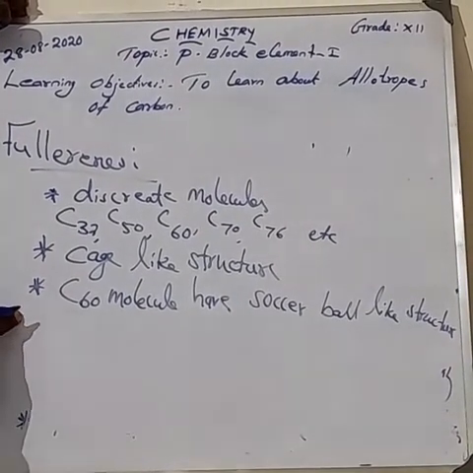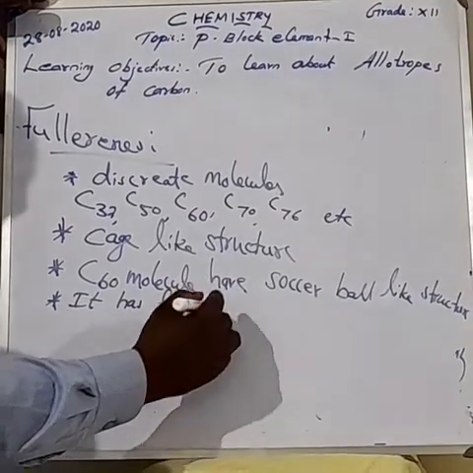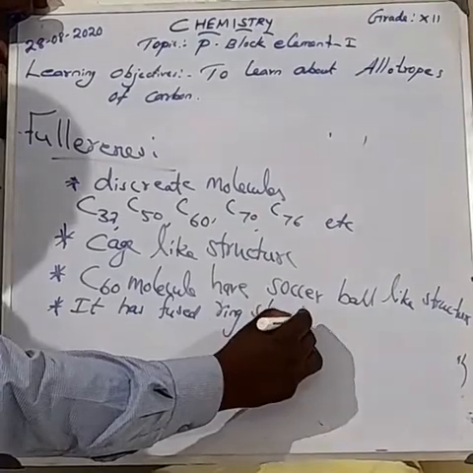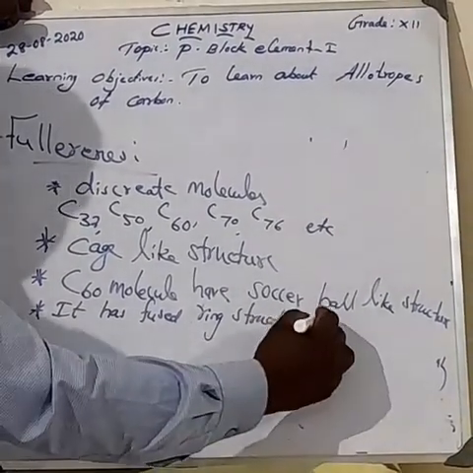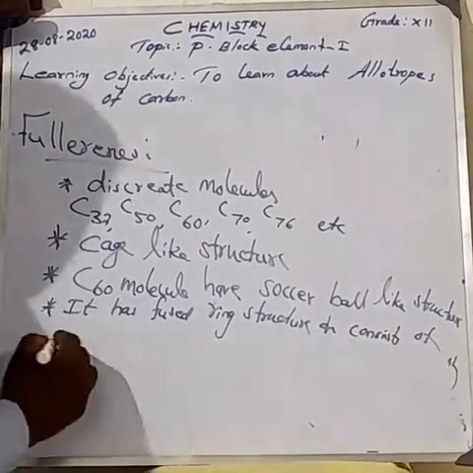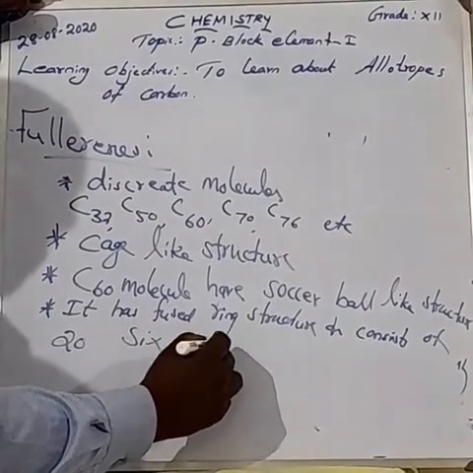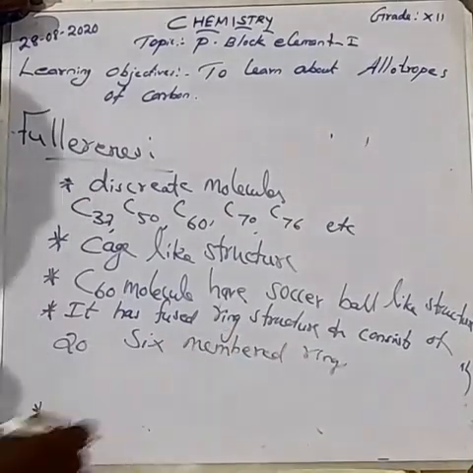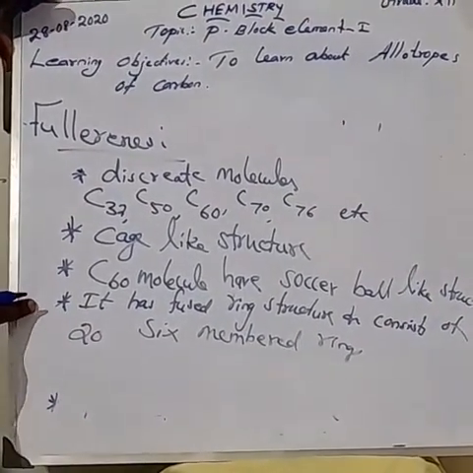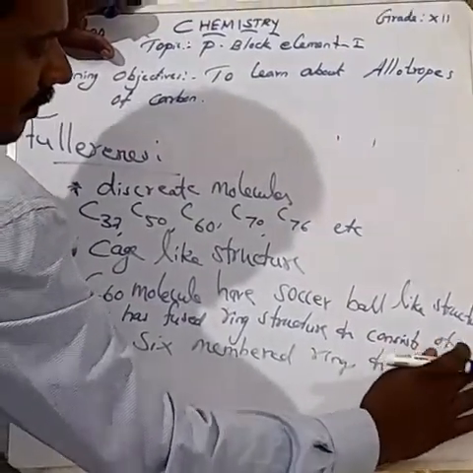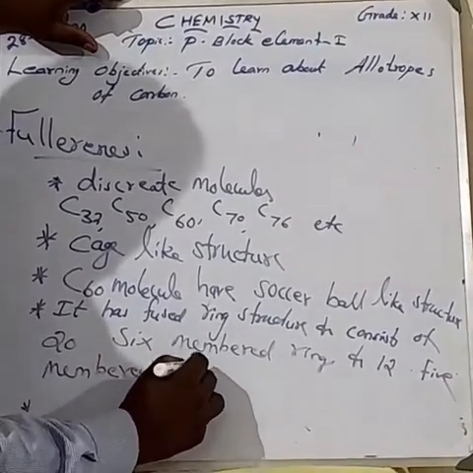They have a fused ring structure, consisting of 20 six-membered rings and 12 five-membered rings. Very important point.